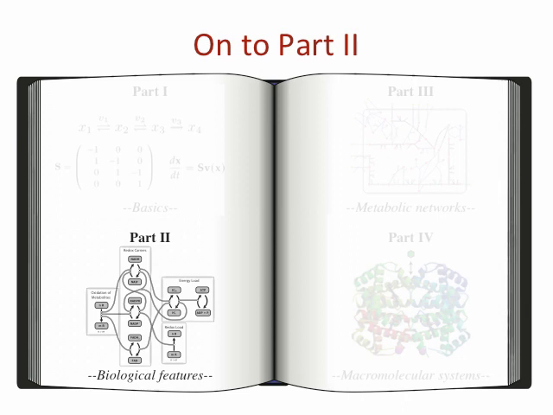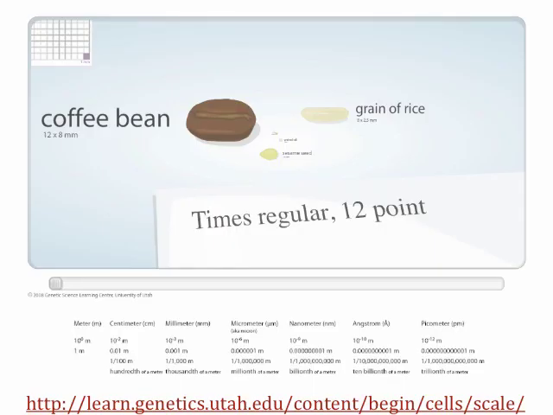Now, on the next slide, I have a little video clip that zooms in from objects that we are familiar with, like a coffee bean or a grain of rice, into increasingly smaller and smaller objects, so you can get a feeling for the relative size.